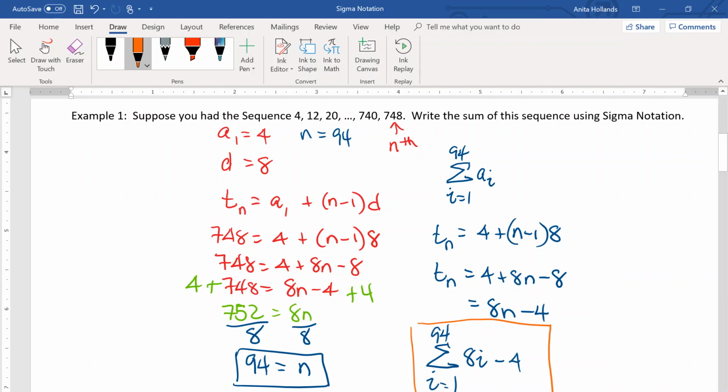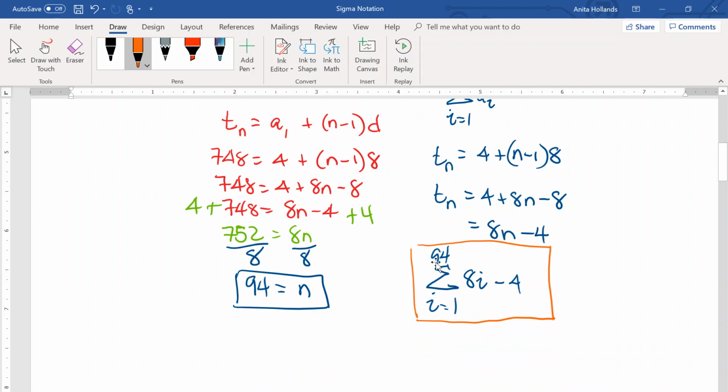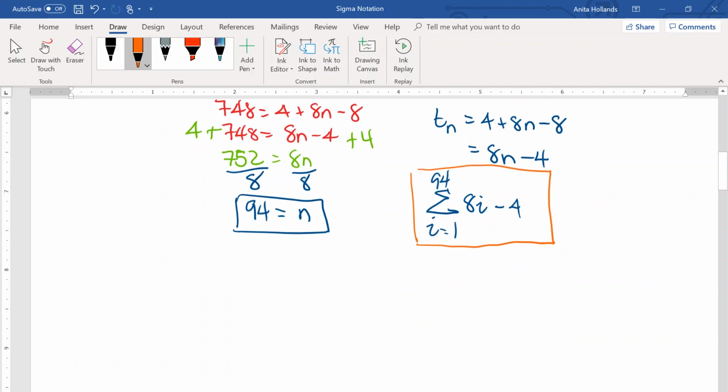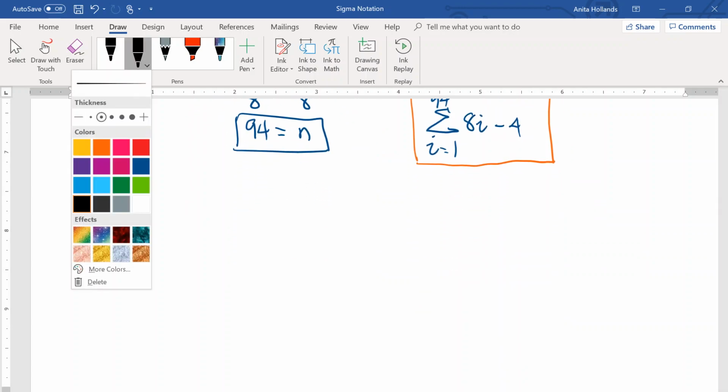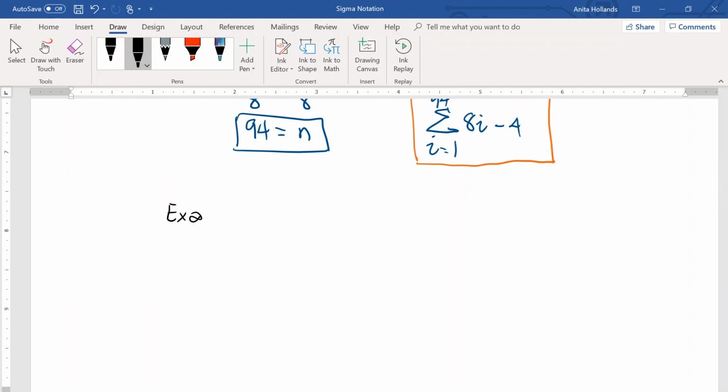Now we can also go backwards. If we're given sigma notation, we can go backwards and find a sequence. So let's look at how to do that. In this example, we might have the sigma notation for the series as 2i minus 1, where i is equal to 1 to 7 here.